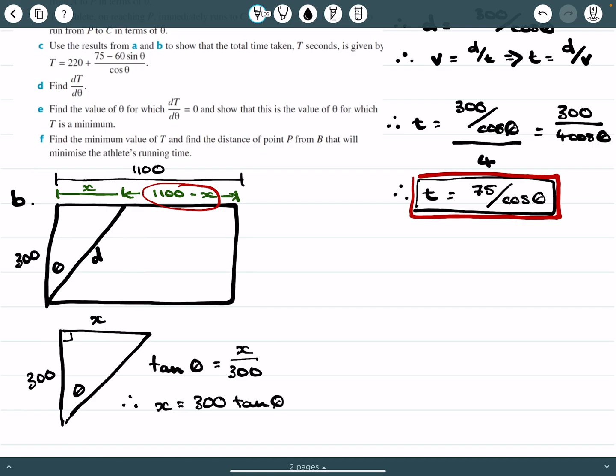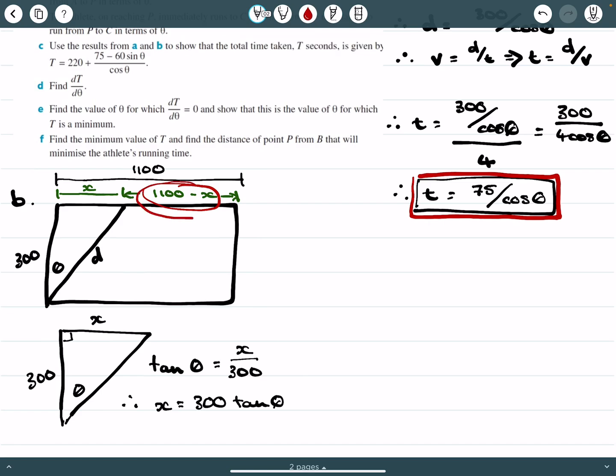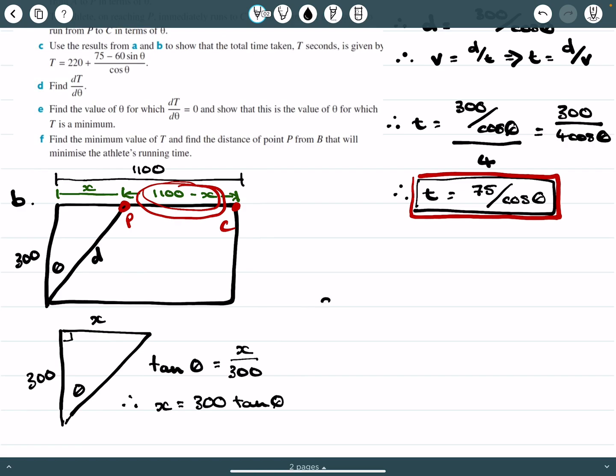I'm going to apply this to the distance I'm looking for from point P to point C. Therefore, the distance P to C is going to be given as 1100 minus 300 tan theta.